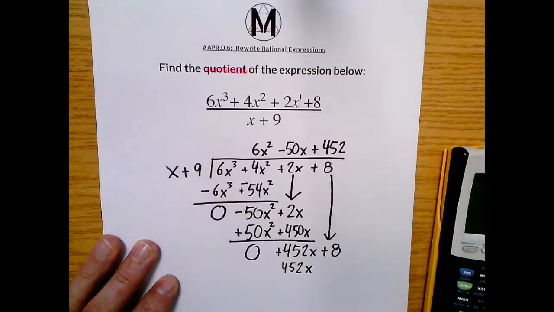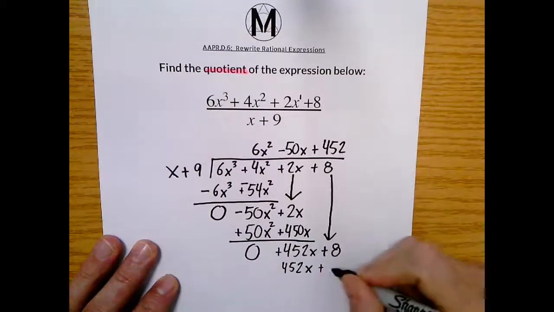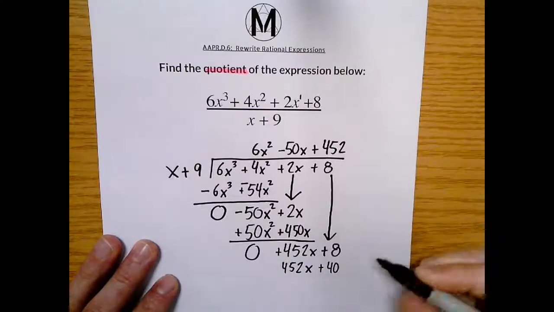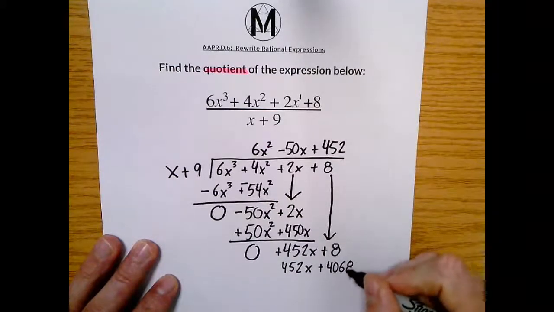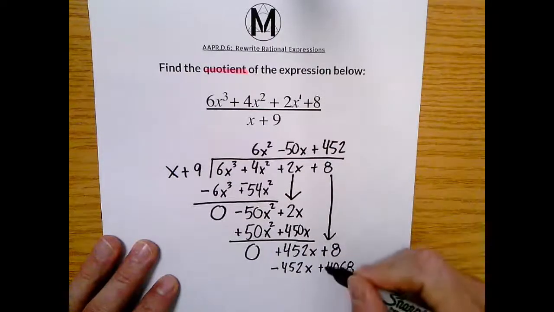So 452 times 9, and what do we get here? We get 4,068. So plus 4,068. Okay, the next step is subtract. So we just change the signs.